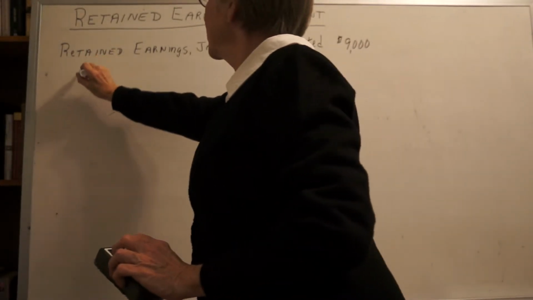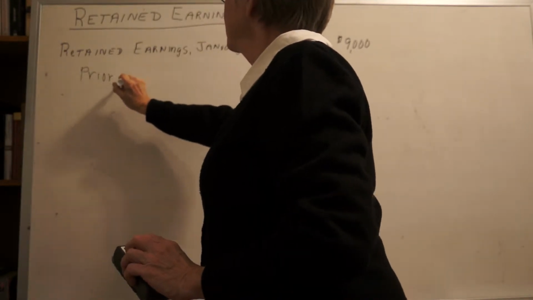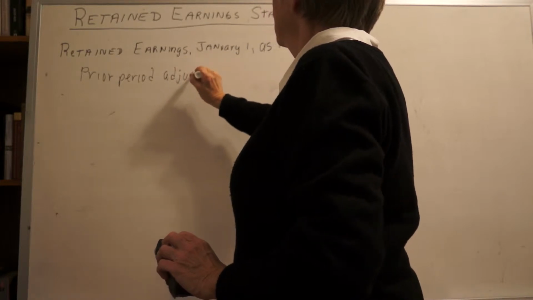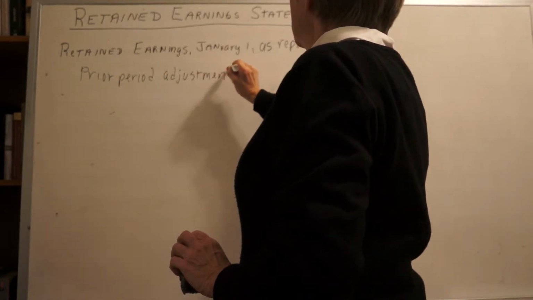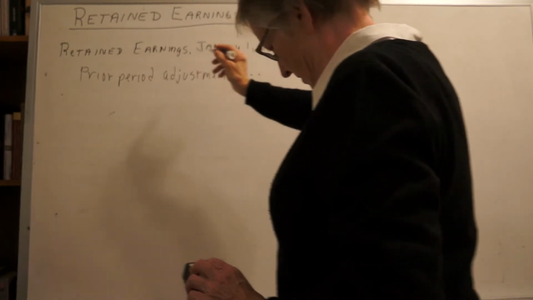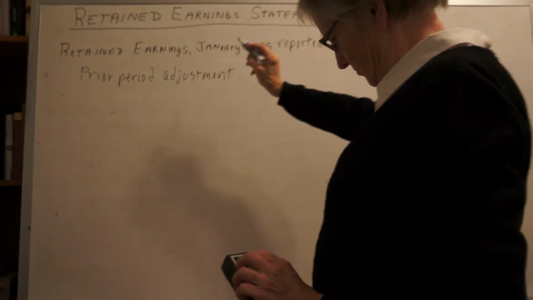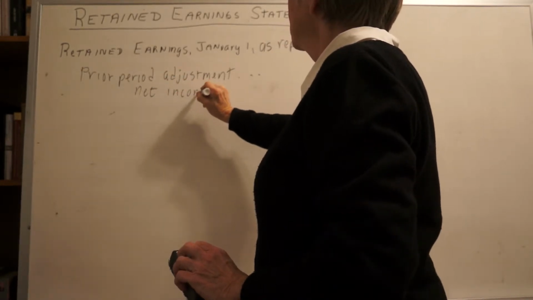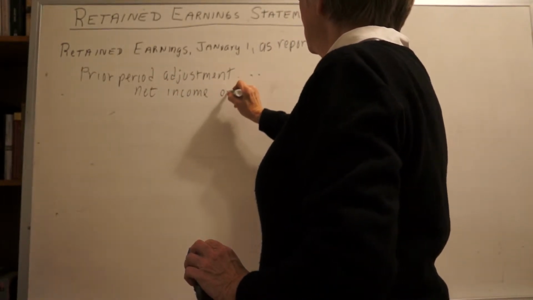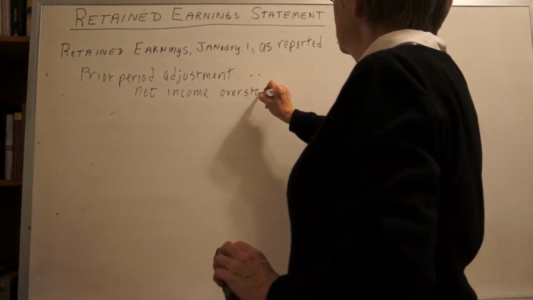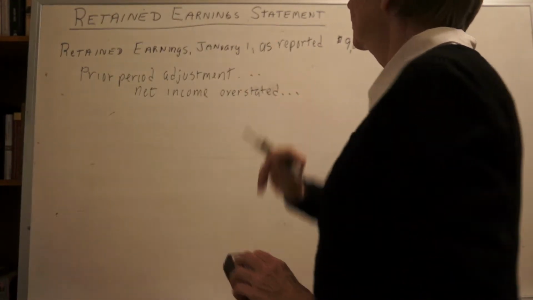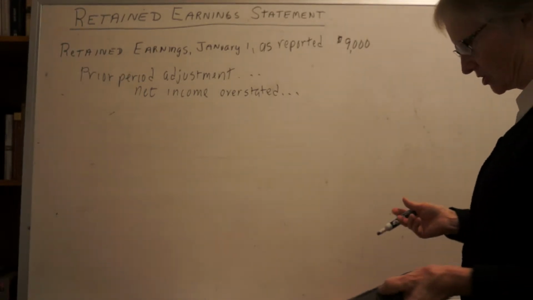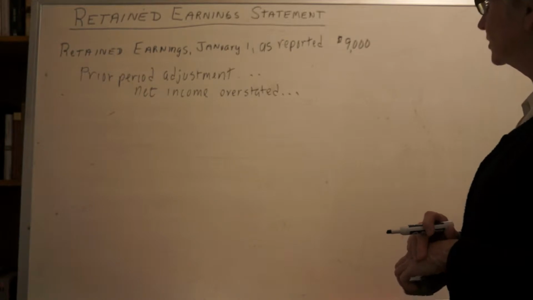Okay, so then we go prior period adjustment, and we would describe what the adjustment was. We say the impact on net income. We could say net income was either over or understated, and then we would say what sort of error it was, depreciation or bad debt expense or wherever we happened to goof it up.